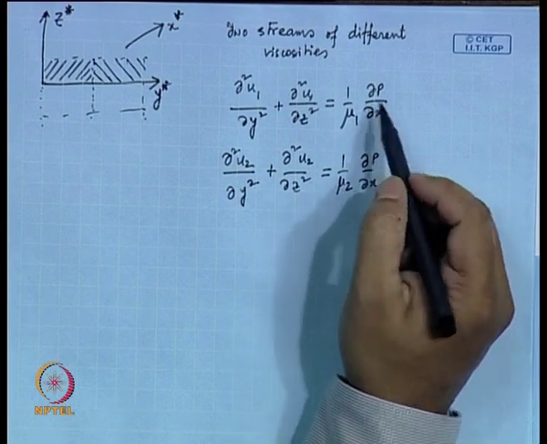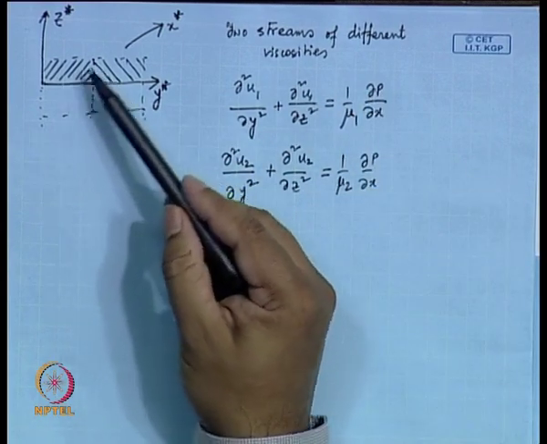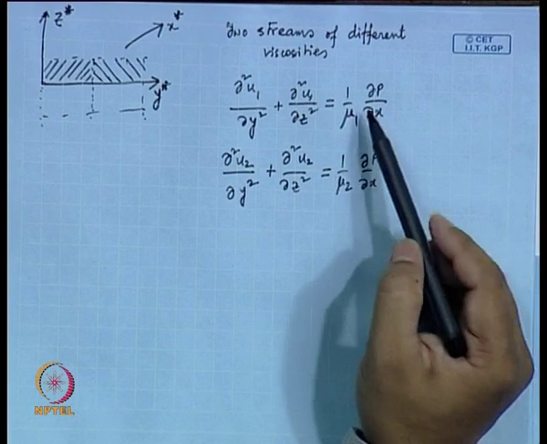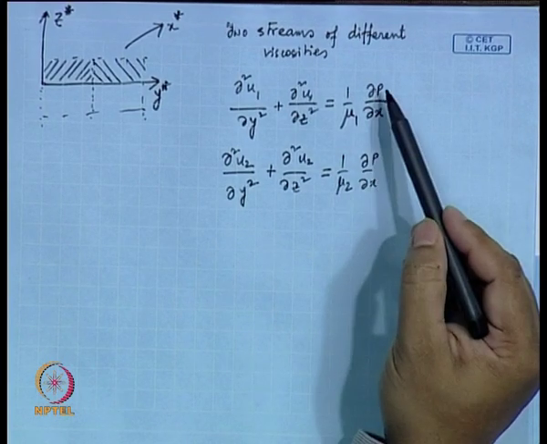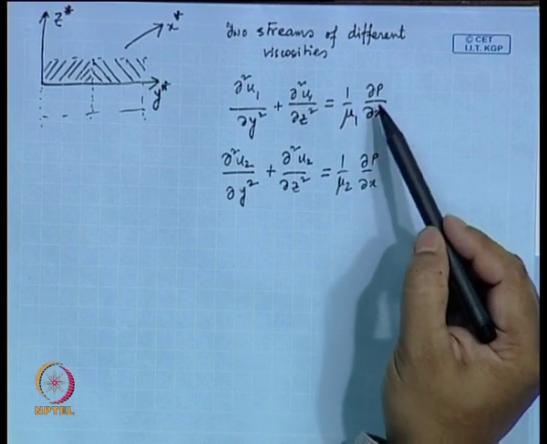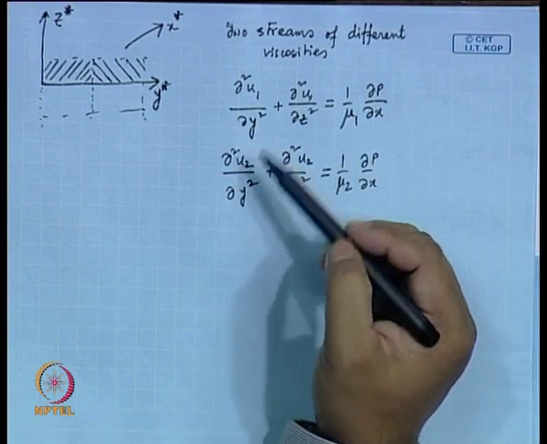Mind it that the pressure remains the same as a function of x. There isn't a P 1 and P 2, the pressure gradient del p del x remains the same, but u 1 and u 2 would be different.